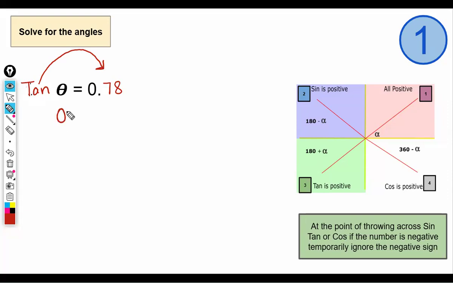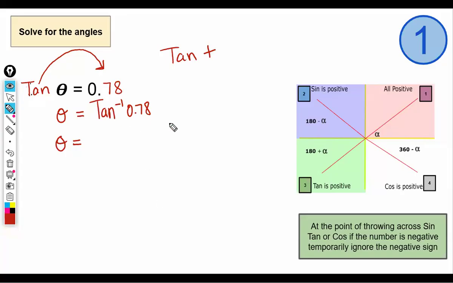When we are drawing across tan, what is waiting on the other side? Isn't it positive 0.78? So this question is a positive tan question. When you draw across tan, you get tan inverse 0.78. Remember, the first answer you get in a positive question will be alpha, your basic angle, or if you want to call it your principal angle.